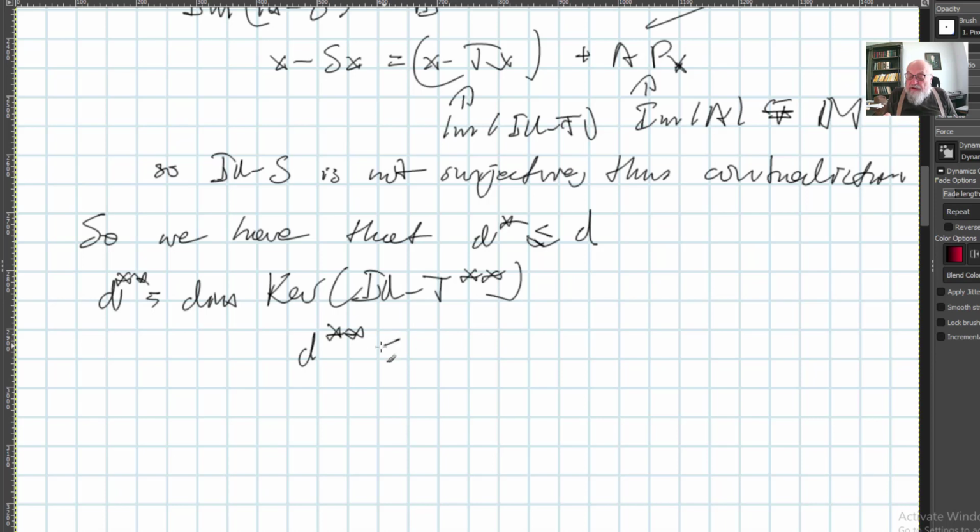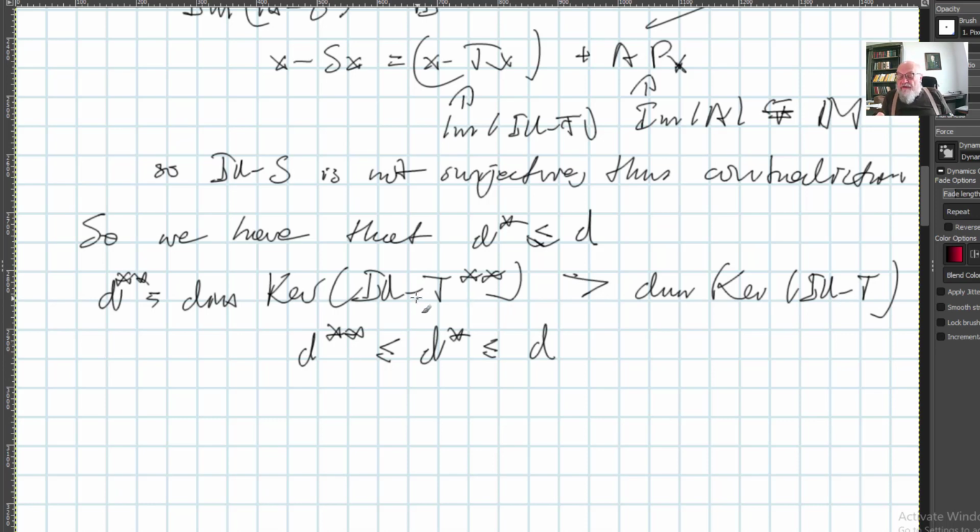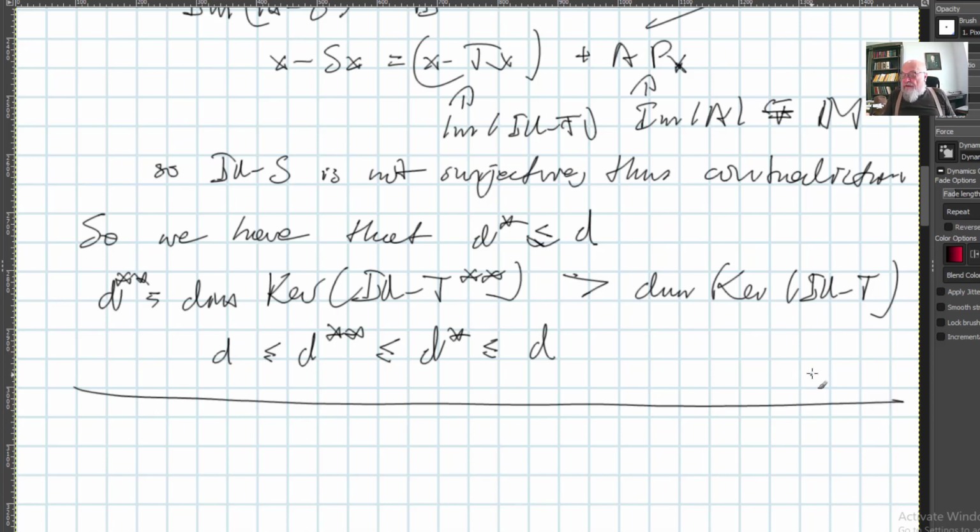So by the previous statement I have here that one is smaller or equal than D star, but this one is smaller or equal than D. But here that dimension is definitely larger than the dimension of the kernel of identity minus T. You see, because identity minus T in this case is a restriction of the operator T double star. So that means we are also getting that inequality, and we can say that the proof is completed. So this is basically the end of the proof.